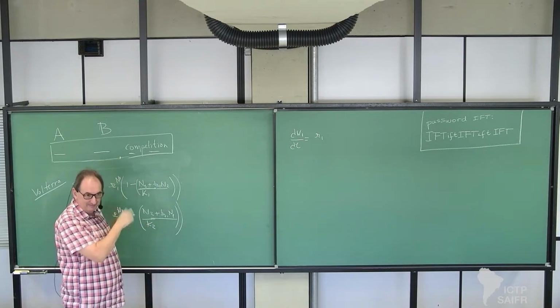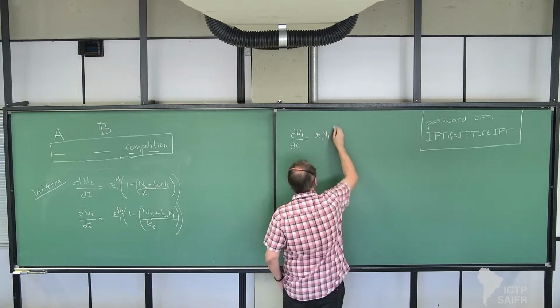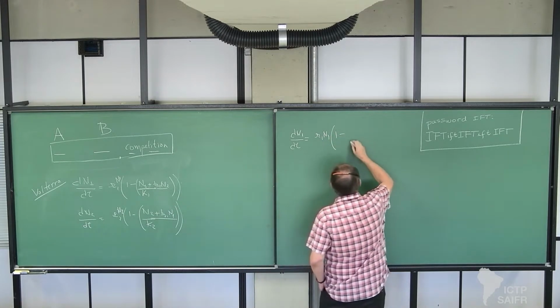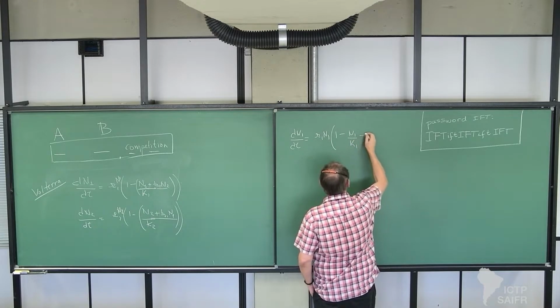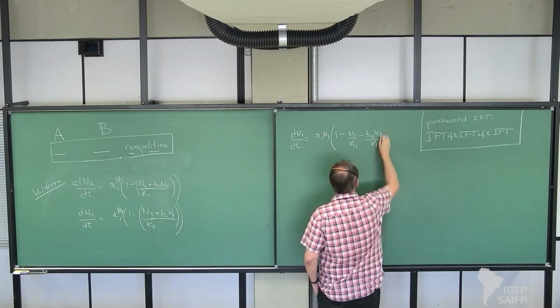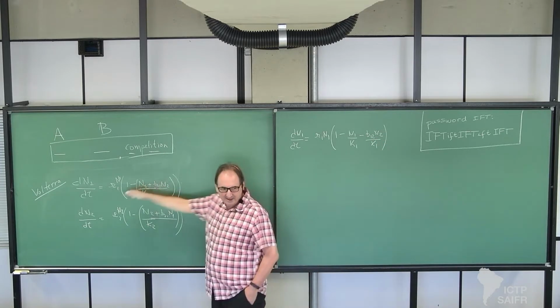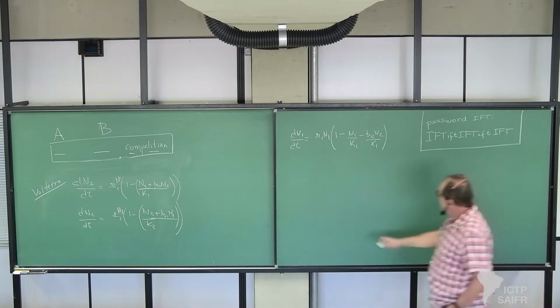You all probably understand that I forgot this, yeah? I will write it this way, N1 over K1 and minus B12 N2 over K1. Okay, it's just to avoid double brackets here, and the same thing here.